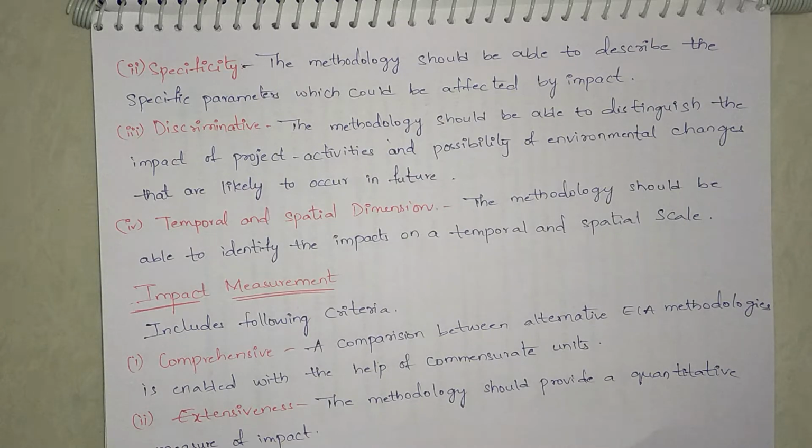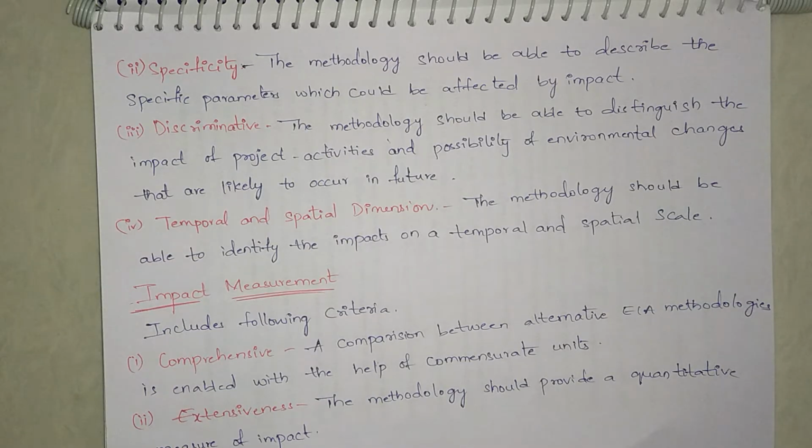In the previous video, for each methodology we had beneficial effect, adverse effect, no effect, in the phases of construction and operation. So that methodology should be able to note all these effects. That is specificity. It should be particular.